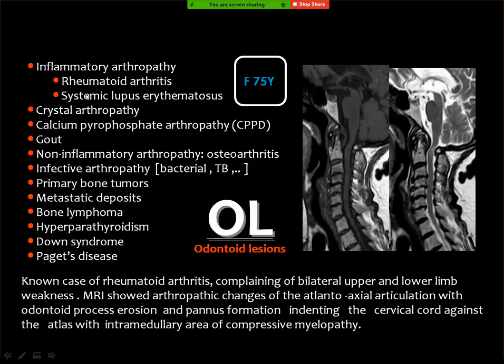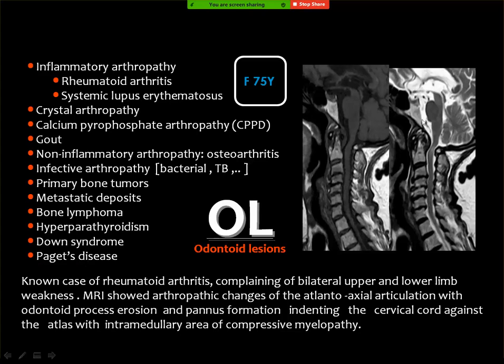And also you have mentioned rheumatoid arthritis, also systemic lupus erythematosus, gout, and this chondrocalcinosis or calcium pyrophosphate arthropathy, then osteoarthritis, infective arthropathy like TB and bacteria, primary bone tumor like myeloma, for example, metastasis, lymphoma, and hyperparathyroidism, brown tumor, and Down syndrome, and Paget disease.